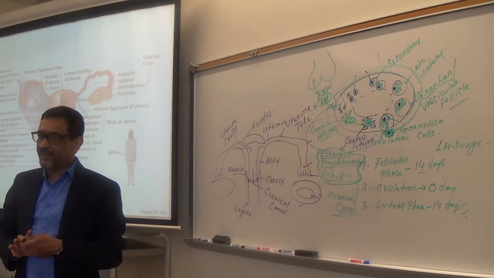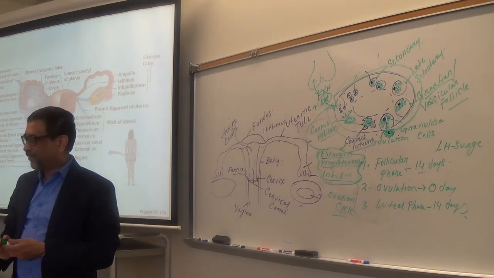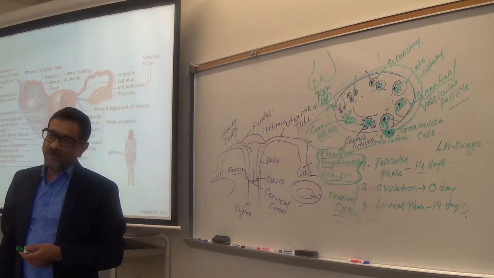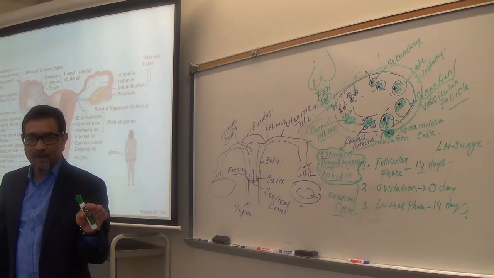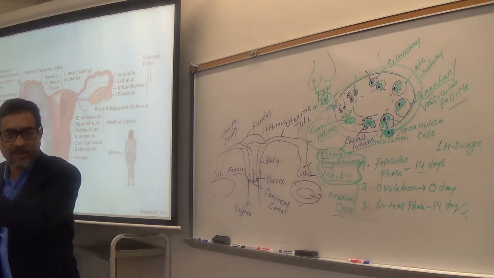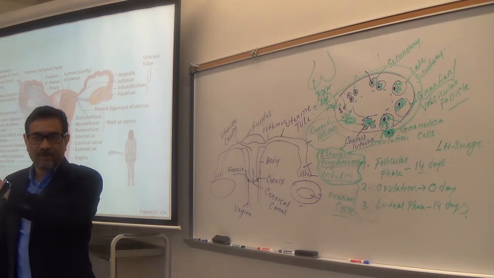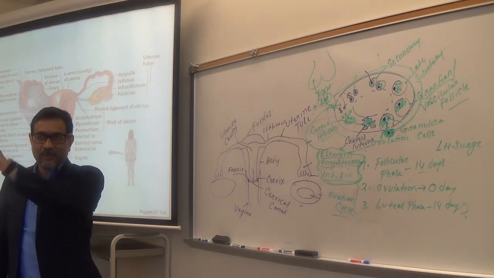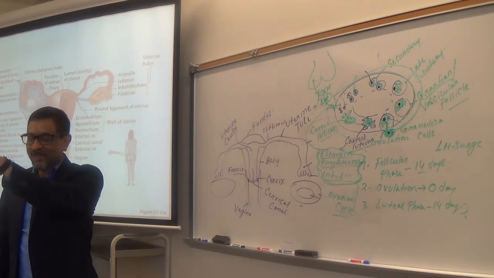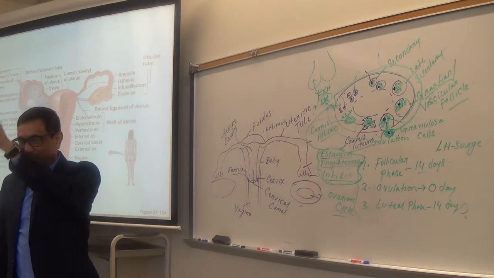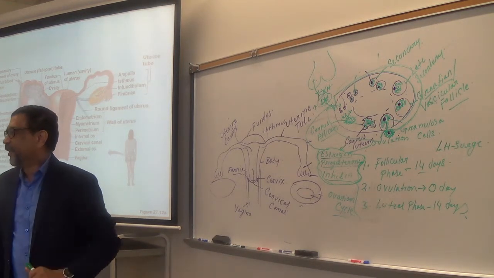Instead of 14 days, it stays how long? 3 months. So, those 3 months after fertilization, no ovulation will occur. Make sense? Because corpus luteum is there. It will continue to release estrogen, progesterone, inhibitors.